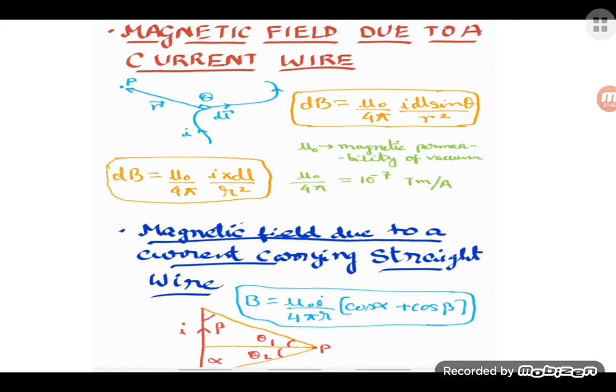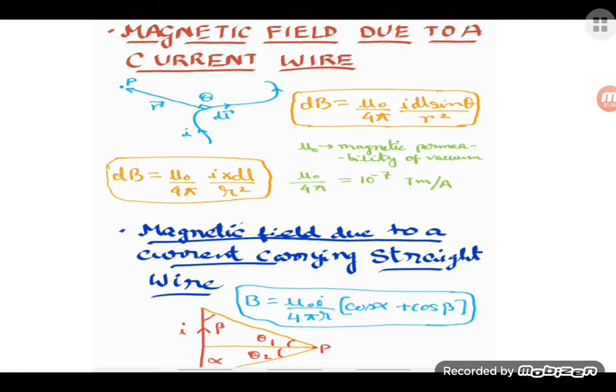Next, magnetic field due to a current carrying straight wire comes to be mu naught I upon 4 pi r, cos alpha plus cos beta. One thing to remember, as I told in the electrostatics video, is that alpha and beta should be remembered thoughtfully, because a common mistake is that you consider these as alpha and beta and write the formula of theta 1 and theta 2.